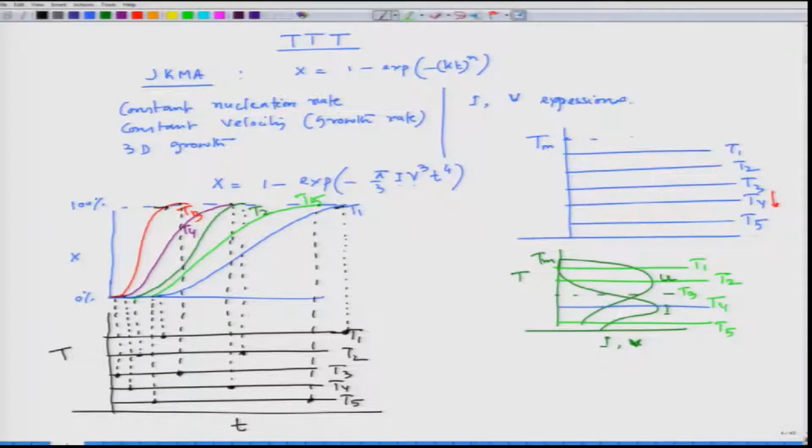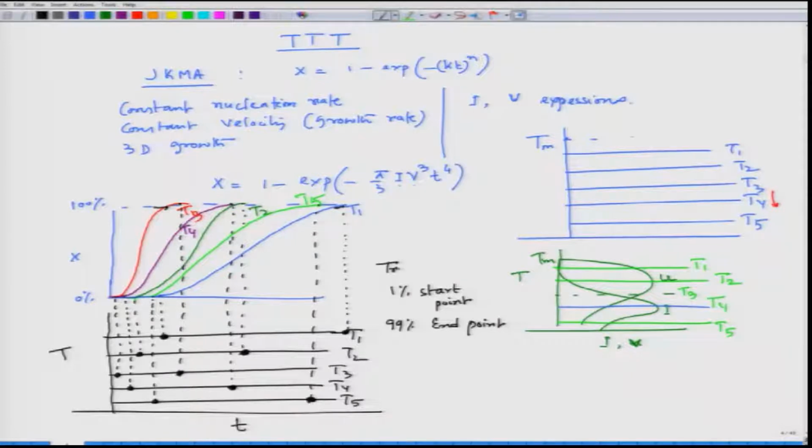This is 1% at T1, this is at T1, this is at T2, this is at T3, this is at T4, this is at T5. Now, if we try to connect those start points and end points, the start point indicates 1%, that means transformation start point, and 99% is the transformation end point.